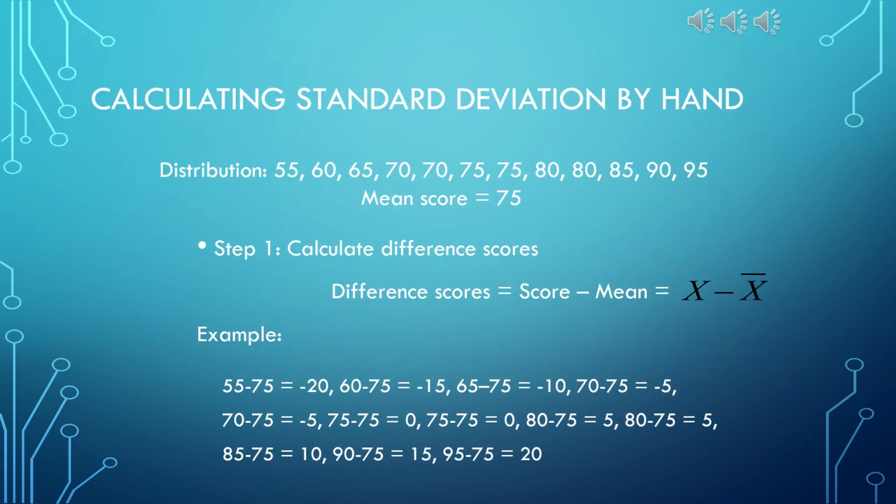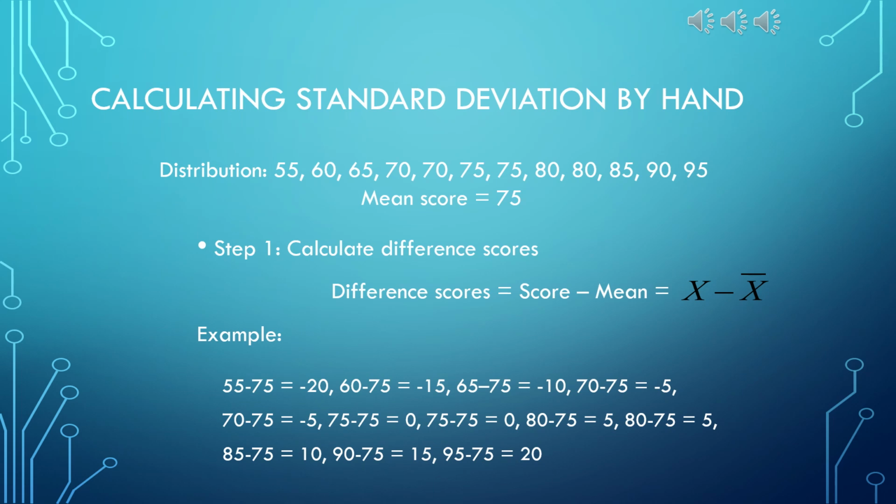All right, let's say we've got a distribution of exam scores from students in a class. So it's like 55 and 60, 65, all the way up to 95. If you were to take the mean, the average of this group of data, this distribution, you'd get 75. And so in order to start calculating the standard deviation, what we would first have to do is calculate what's called a difference score.